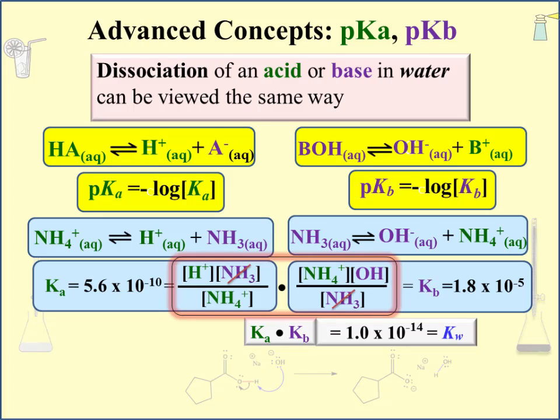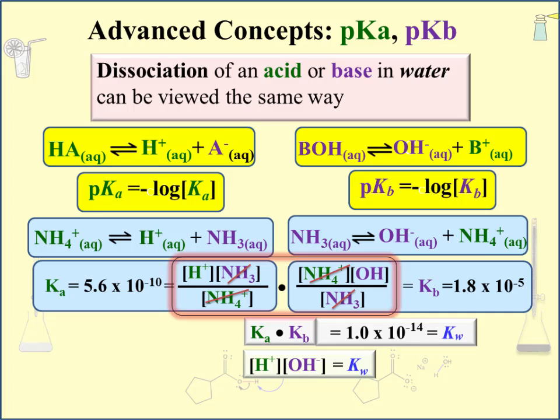The ammonia in the numerator of one fraction cancels with the ammonia in the denominator of the other fraction, as does the ammonium ion. What's left is the hydrogen ion times the hydroxide ion, and that is our definition of Kw. When a reaction is written in both the acidic and basic directions, their Ka and Kb multiply to Kw.